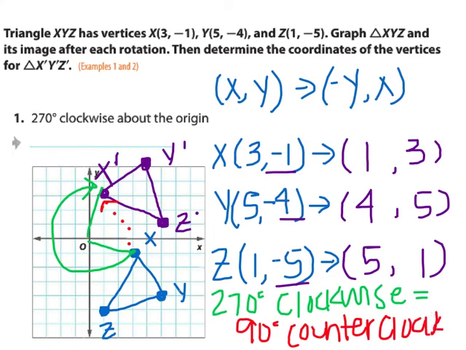So we can see the green is a 270 clockwise, and the red is 90-degree counterclockwise because we're going backwards. If you're reading a clock, you'd be reading it backwards, but they're the exact same rotation. And algebraically, that's how it is.